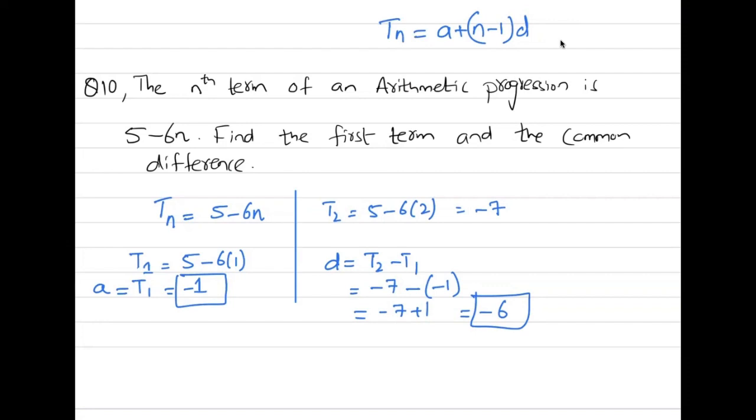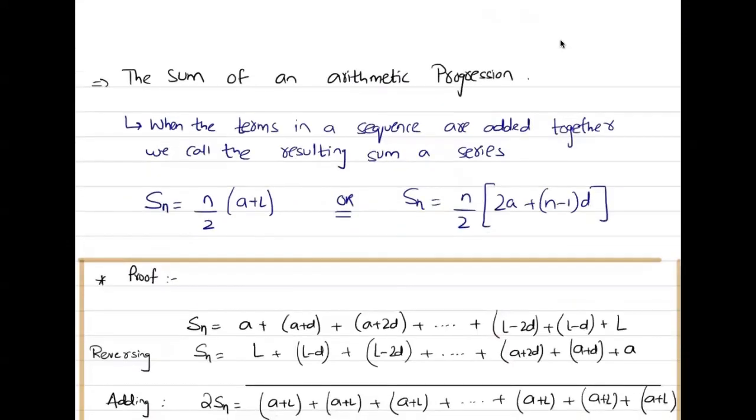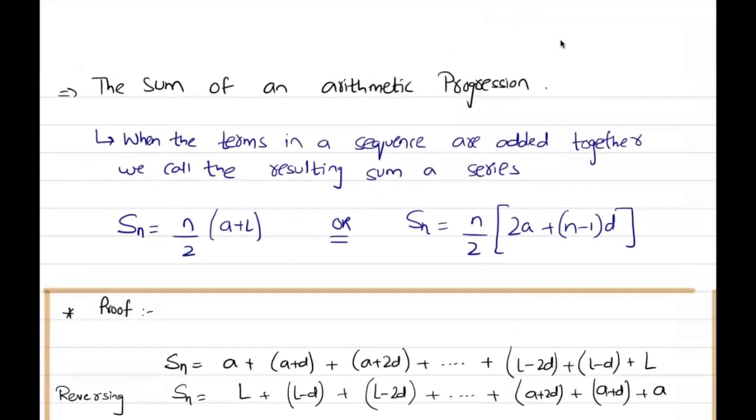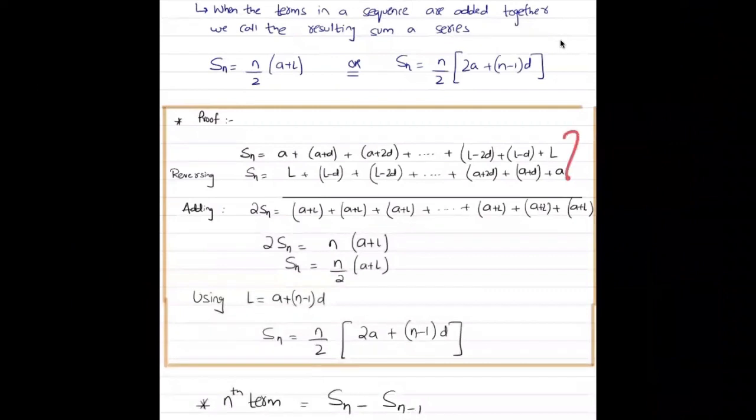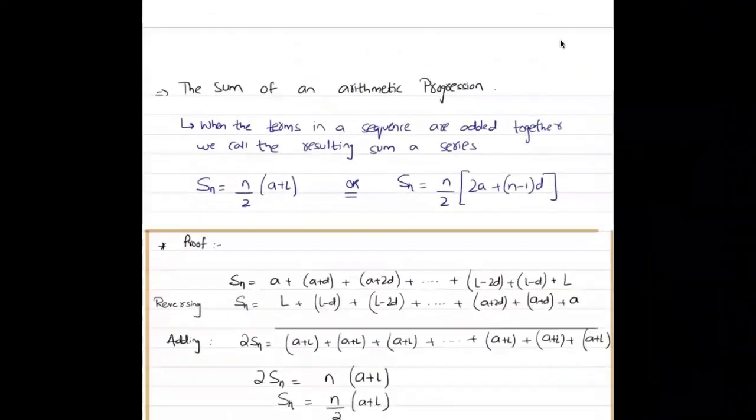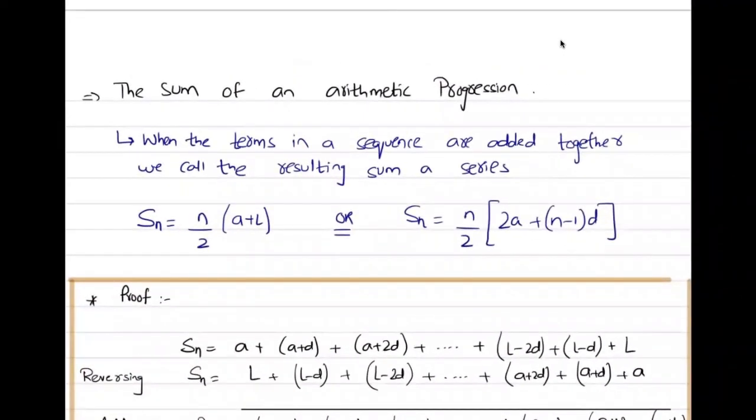Now, the next thing that we are going to learn is the sum of the terms of the sequence. I'll be showing you two formulas. The derivation and the proof is not required. When I upload the notes, you can just refer to it. I have derived the formula for you, but right now I'll just be making use of the two formulas, and I'll explain them.